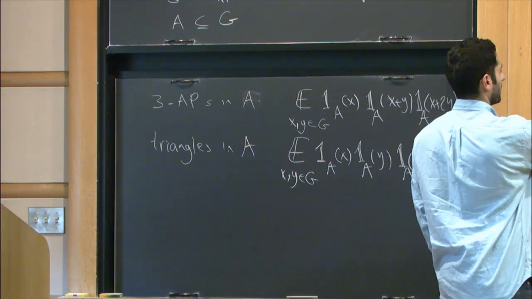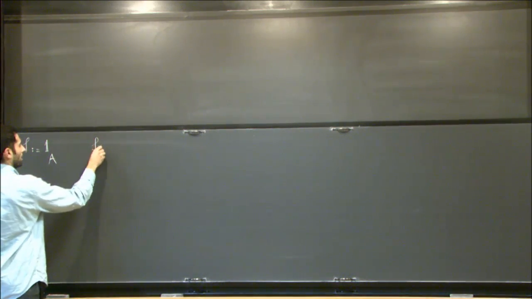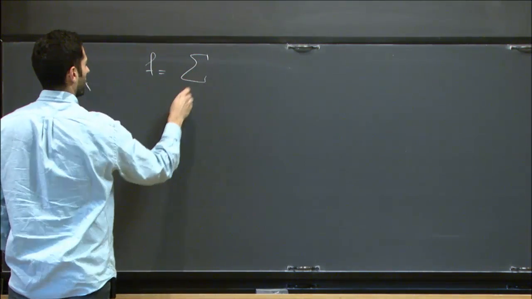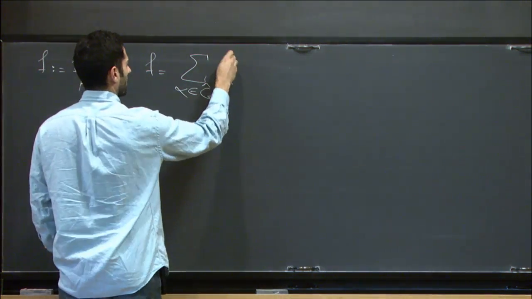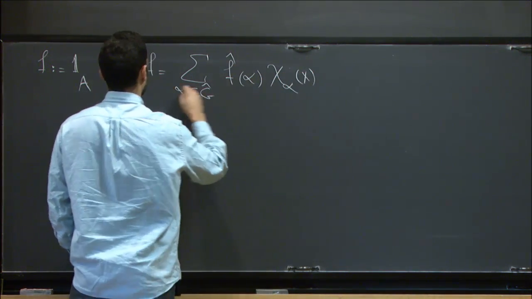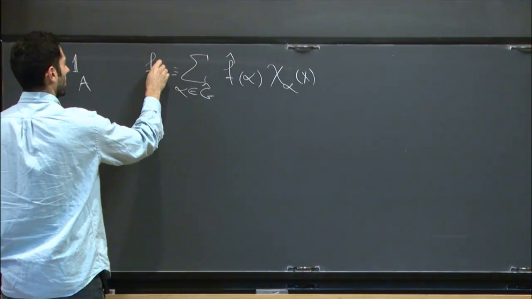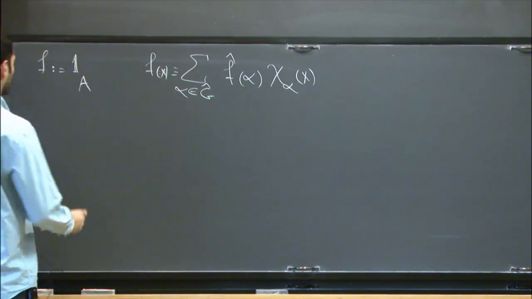So if I say f is just the characteristic function of A, then we know that we can write f as its Fourier expansion, the sum of f hat of alpha chi alpha of x. And I can just plug in the expansion in the expected value. So what do I get?